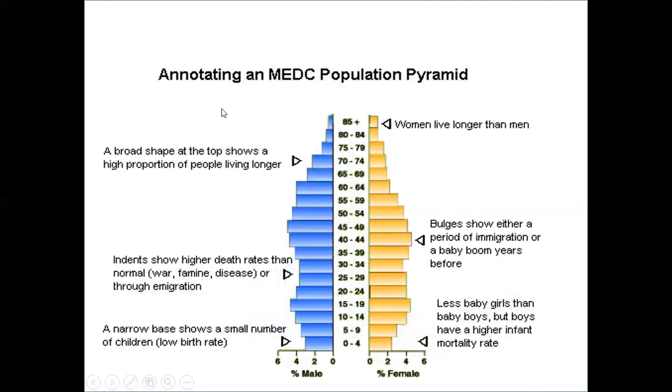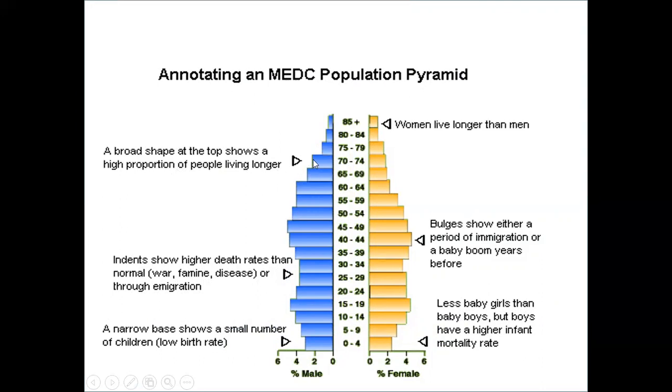Let's talk about the most developed countries' population pyramid. By looking at the pyramid, you can understand that a broad shape at the top shows a high proportion of people living longer.